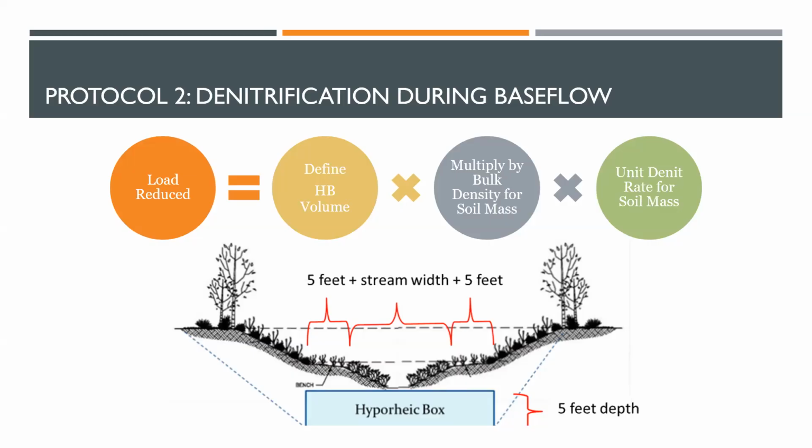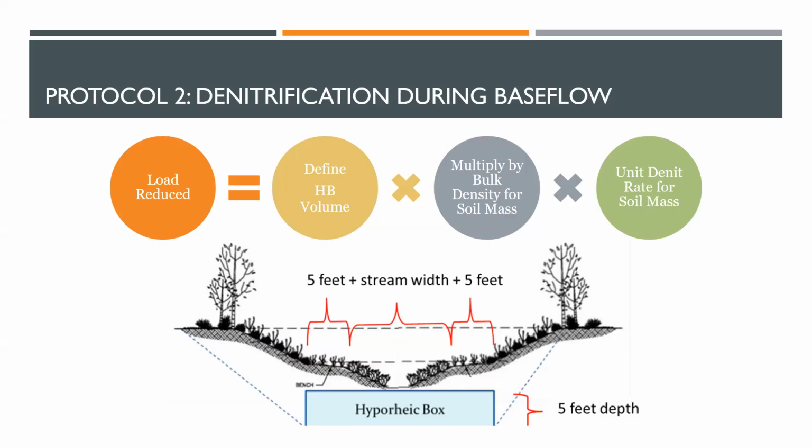And so they determined that the way to define those boundaries were you'd have this volume that goes 5 feet beneath the bottom of the channel and then extends 5 feet on either side of the stream width. So that is sort of the area along the restored stream where you're getting denitrification.